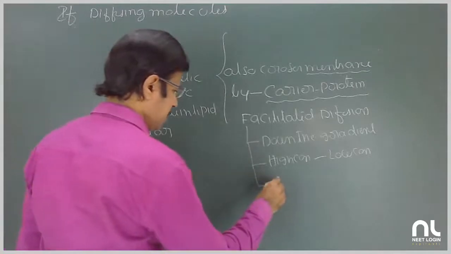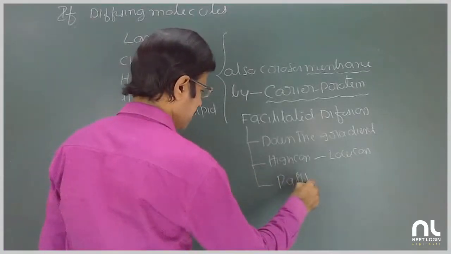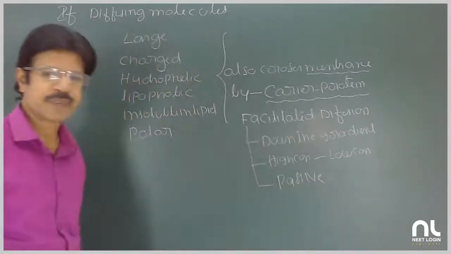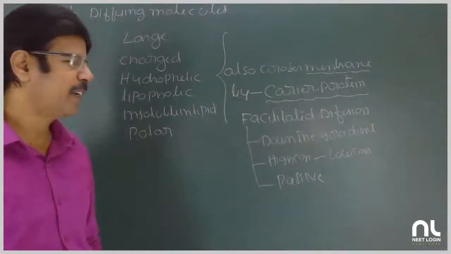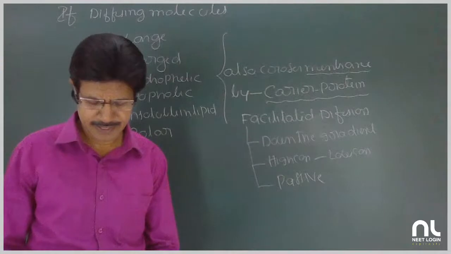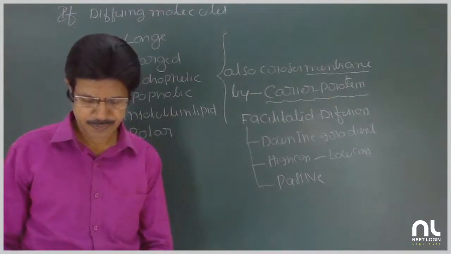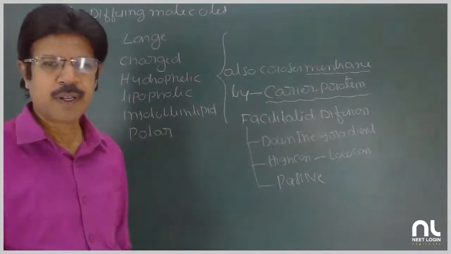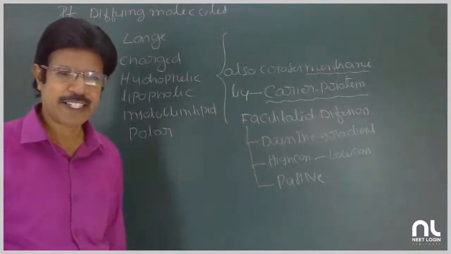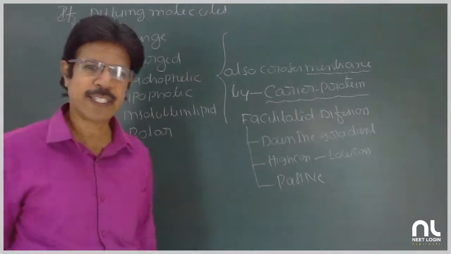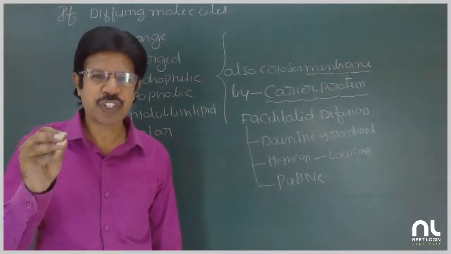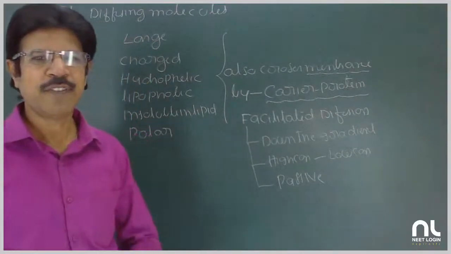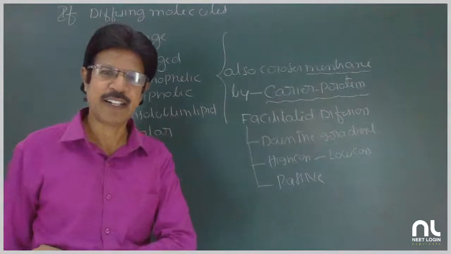So facilitated diffusion is also passive. How does it differ from simple diffusion? By the requirement of a carrier. The word itself conveys it: facilitated diffusion, diffusion of molecules facilitated by carrier.